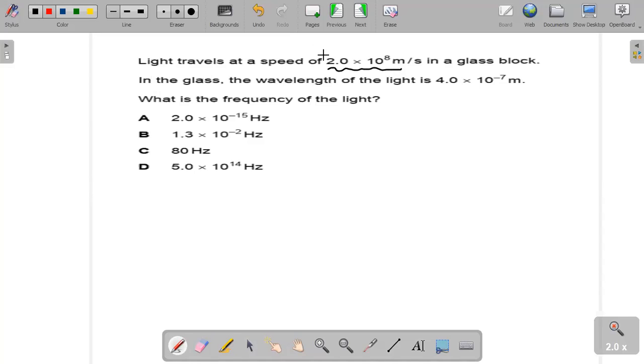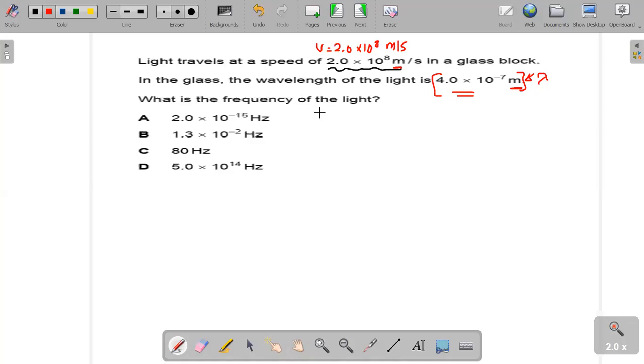So V equals 2.0 times 10 to the power of 8 meters per second in the glass block. The wavelength, make sure that the measuring unit here is meter. So lambda equals this value, okay?